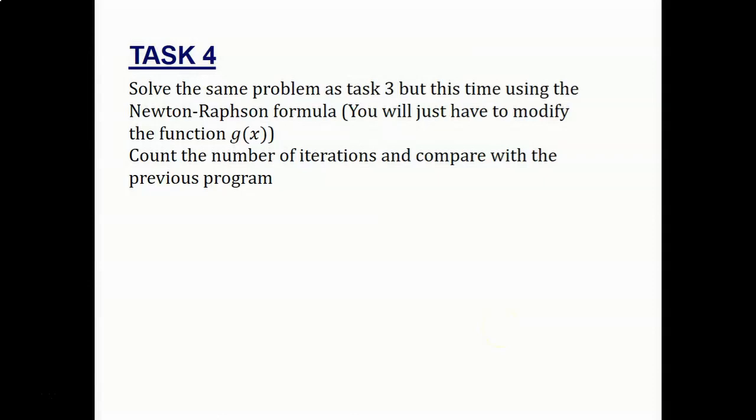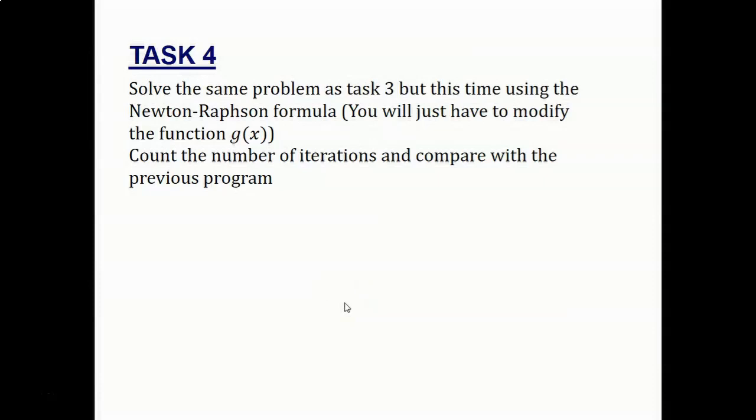Now, as a task, I will ask you to do the same task as task 3, but this time using the Newton-Raphson formula. So instead of the function g of x equal to minus exponential minus x that we used for the fixed point iteration, you will use here the Newton-Raphson formula. And so you will replace g of x by x minus f of x over f prime of x.